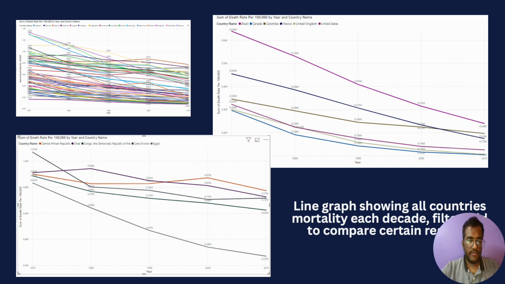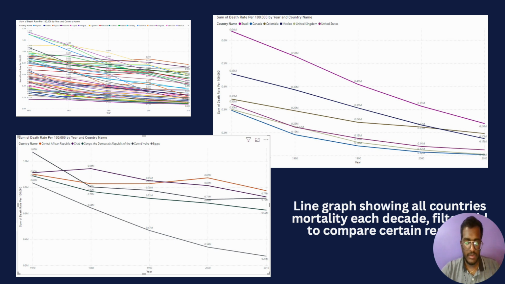In the first chart, we can see the mortality rate of all countries based on decades. In the second chart, we can see the comparison between some of the countries, and we can see that the Central African Republic had decreases and increases irrespective of the decades compared to others.